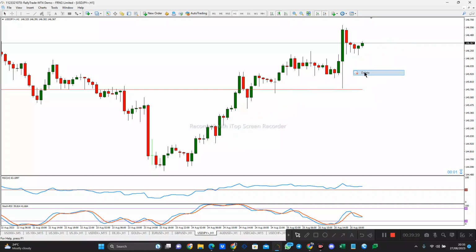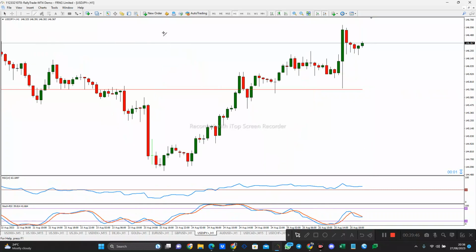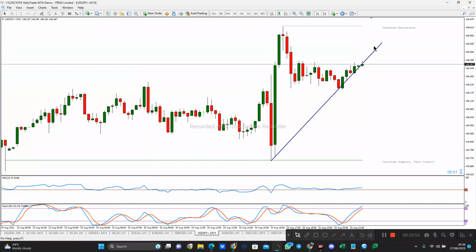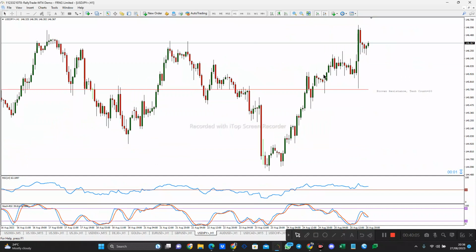Or else, if I was to prevent that, it would probably be something like this, from this particular low here to this one. You can probably see what it looks like here, right? That can also work. It can be tricky sometimes.